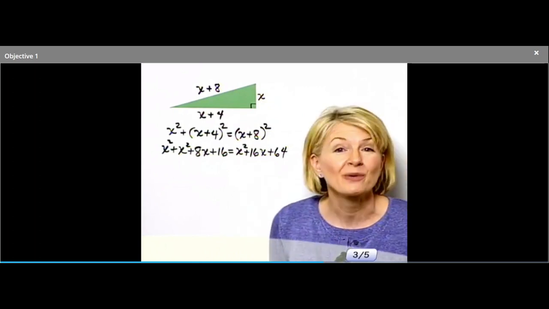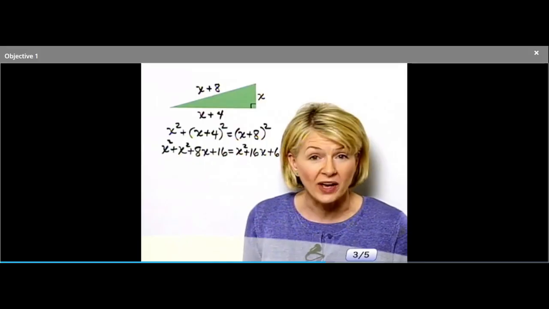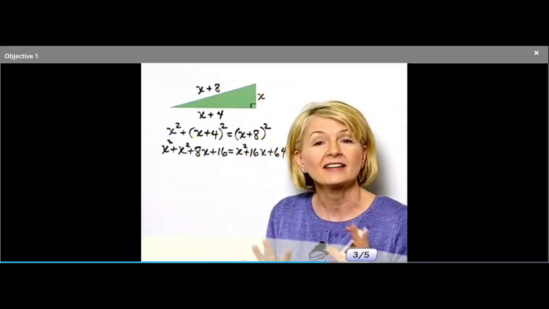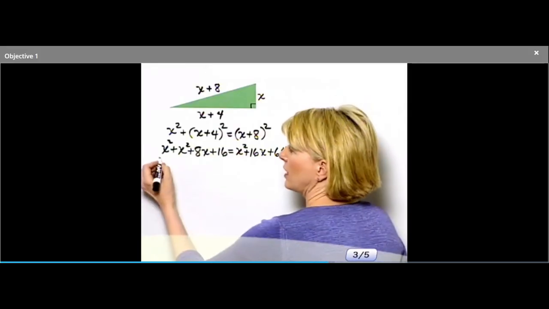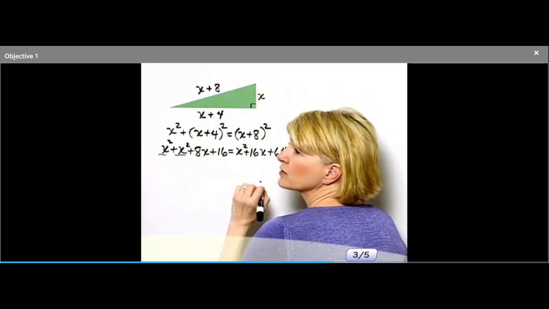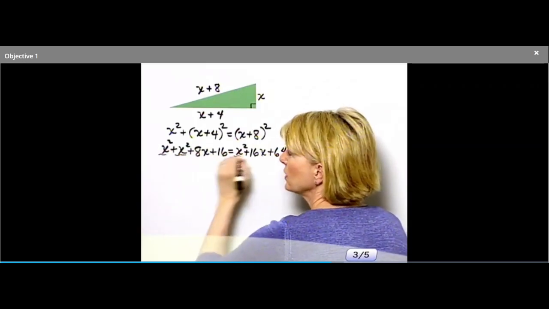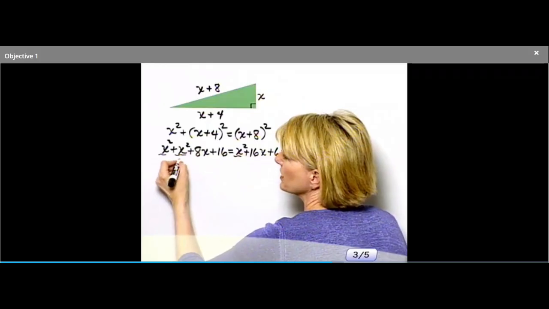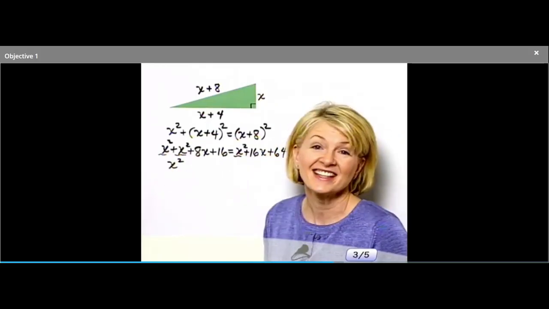Notice this is going to be a quadratic equation. So we'll write it in standard form, setting it equal to 0. I have x squared plus x squared minus x squared. That's 2x squared minus x squared, which is x squared. Then I have 8x minus 16x.